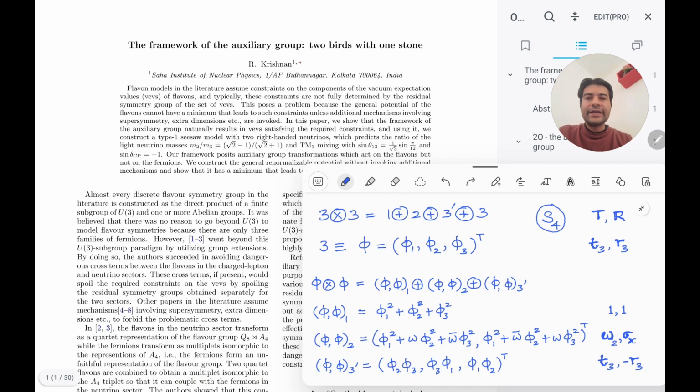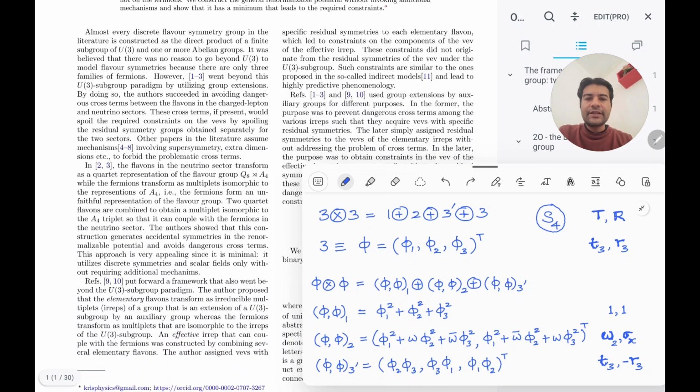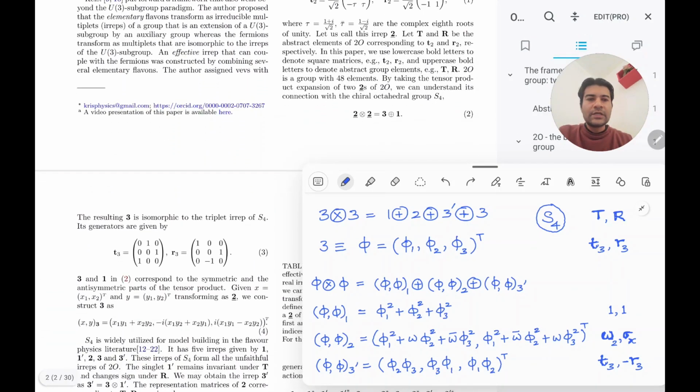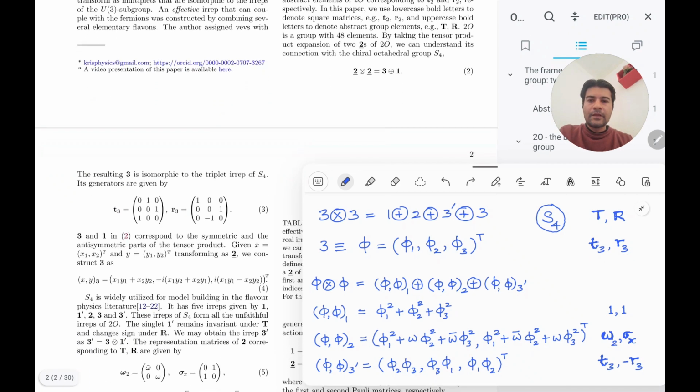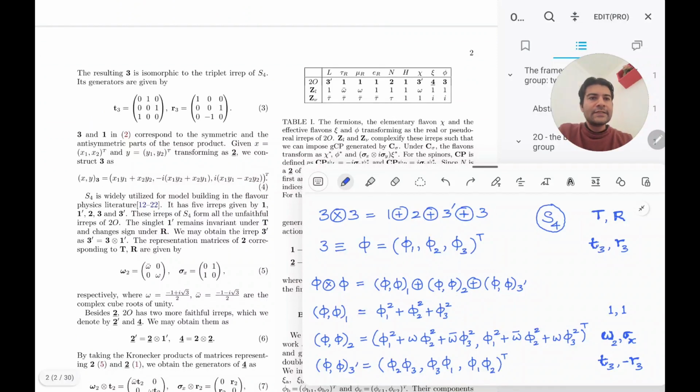In my paper, I have used two generators T and R to generate the group. Here you can see that the triplet is generated using bold T3 and R3. The matrices are given here, and the doublet is generated using the matrices bold omega 2 and bold sigma x.